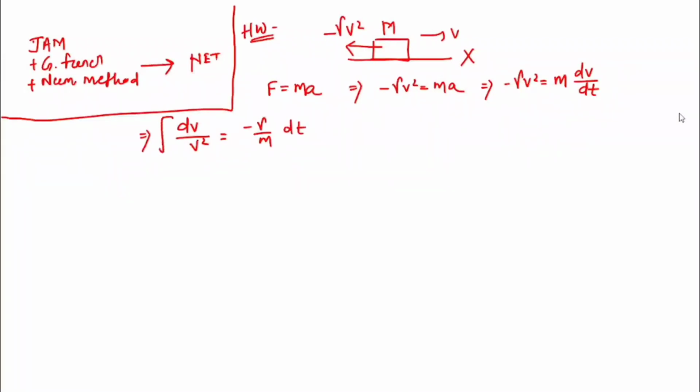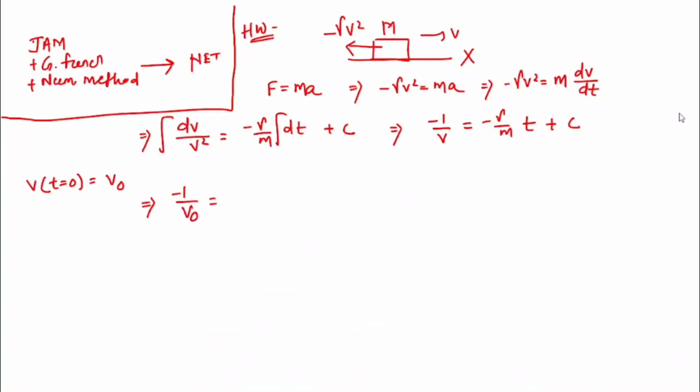Now you can integrate both sides with an arbitrary constant c, and the integration gives minus 1 by v is equal to minus gamma by m t plus c. Now we have been given an initial condition, that is v at time t equal to 0 is v naught. Applying this condition, it becomes minus 1 by v naught is equal to 0 plus c, so the value of c is minus 1 by v naught.